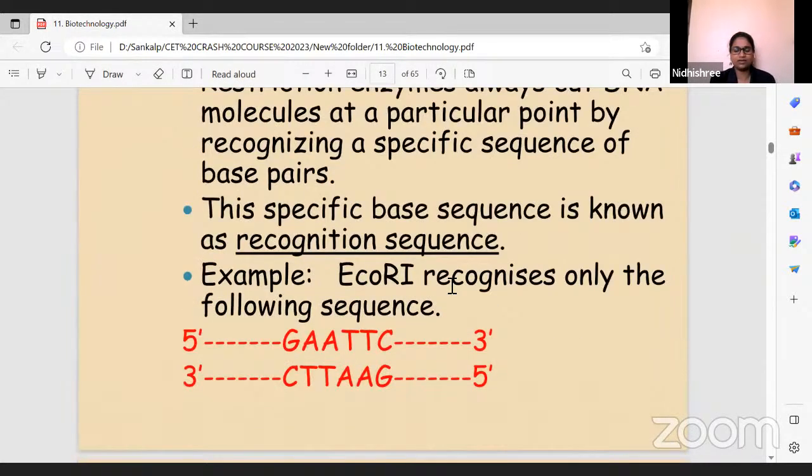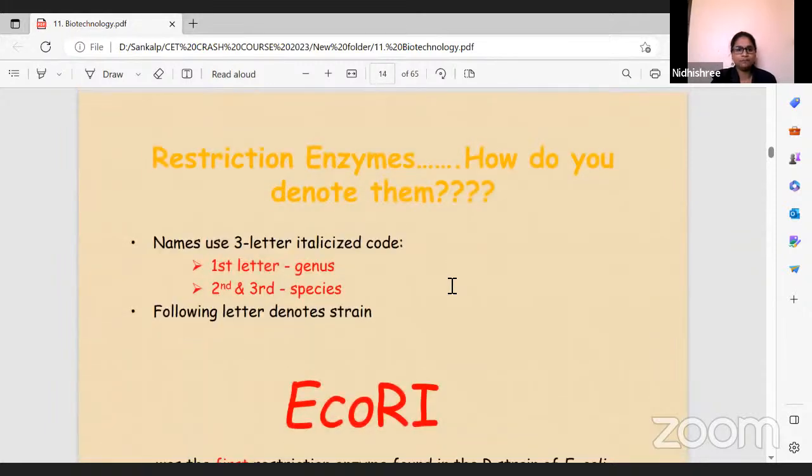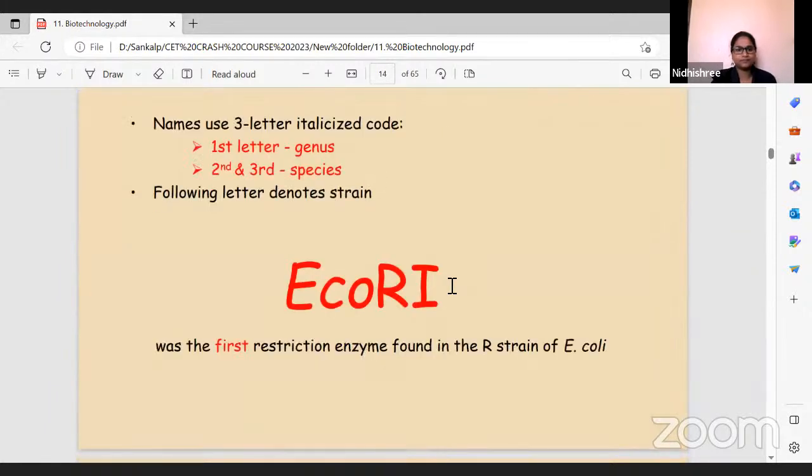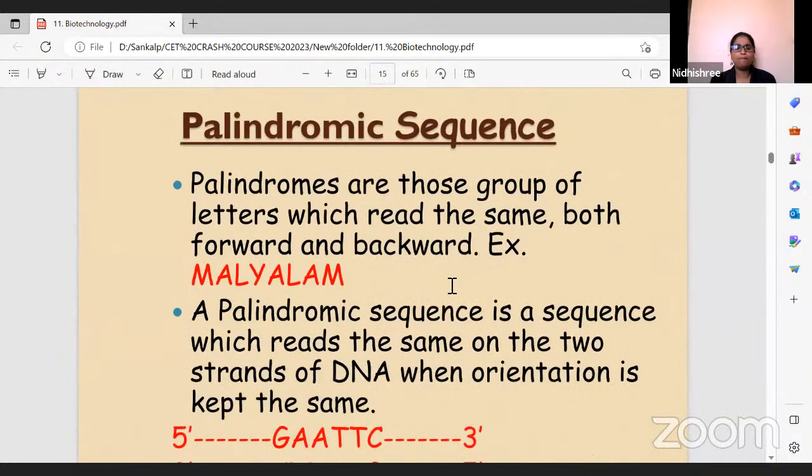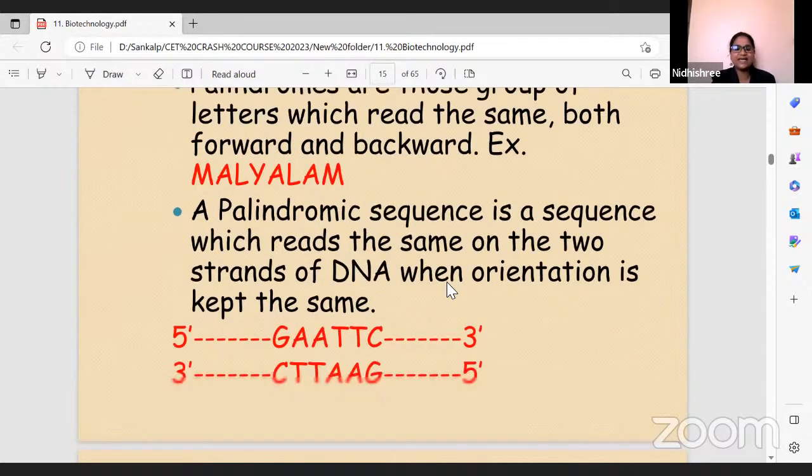Restriction, which we already discussed. Then palindromic sequence. What do you mean by palindromic sequence, guys? Palindromes are groups of letters which read the same both forward and backward. Malayalam, Malayalam. Like that, we have palindromic sequences in nucleotides. GAATTC.